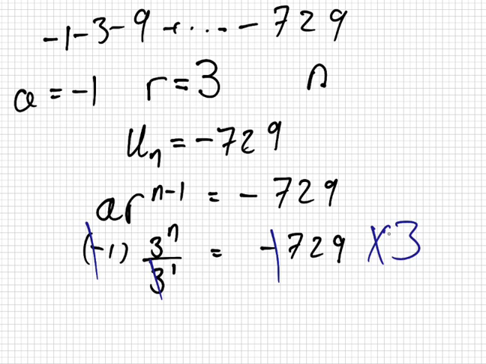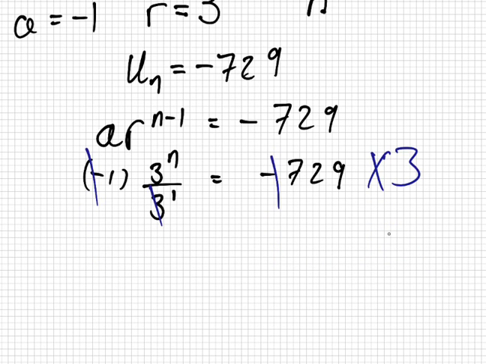What's 729 multiplied by 3, please? 2187. Three power 10, too big. 3 power 8, 3 power 7, is it?